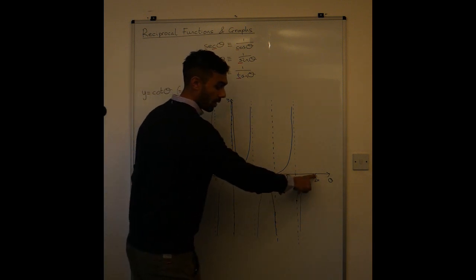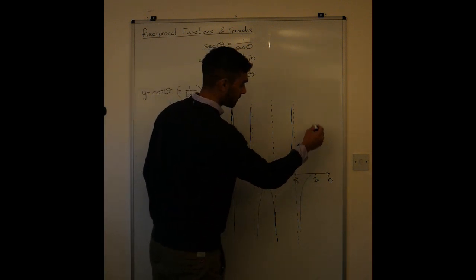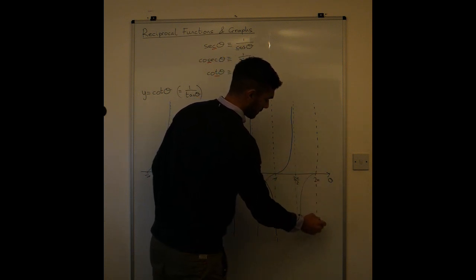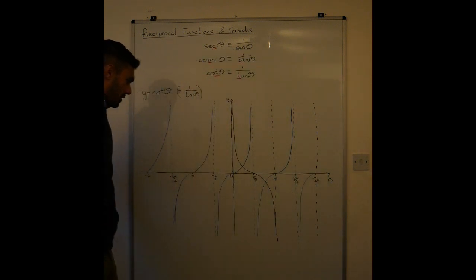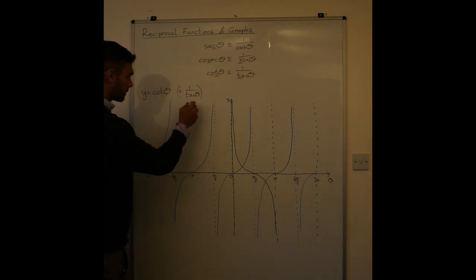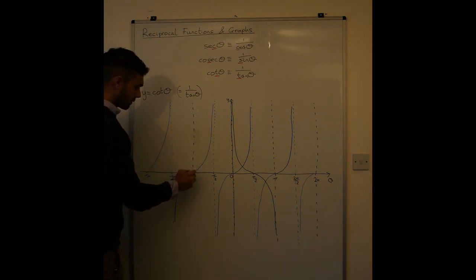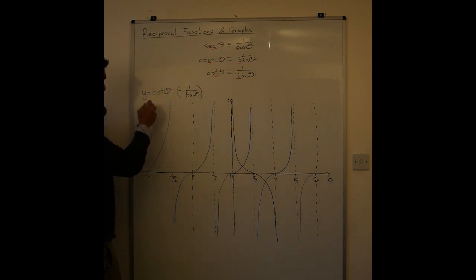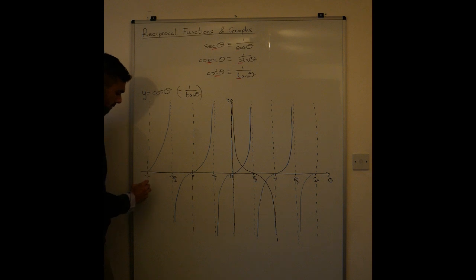So tan is 0 here at 2 pi, tan is 0 here at minus pi, and tan is 0 here at minus 2 pi. Cool.